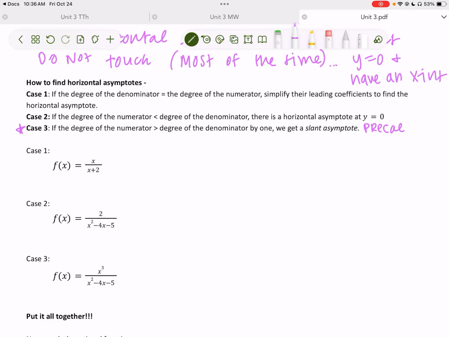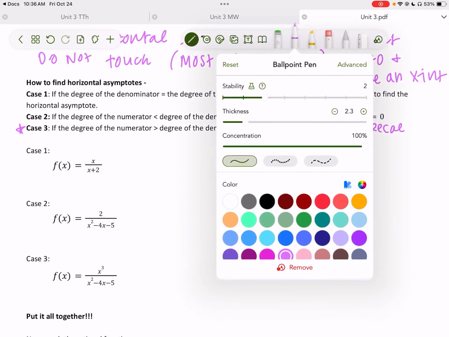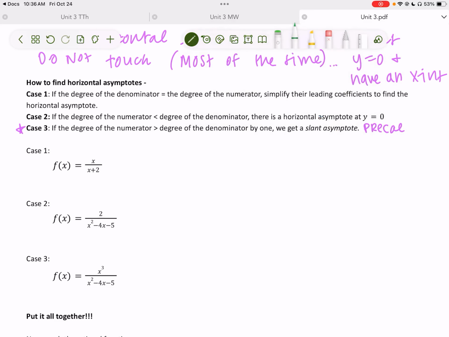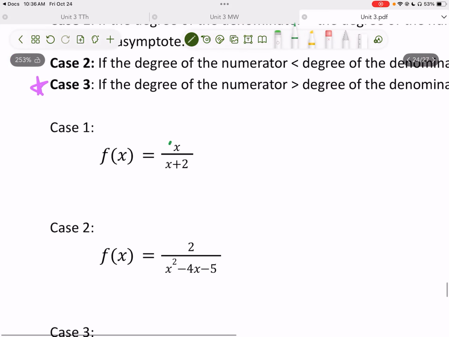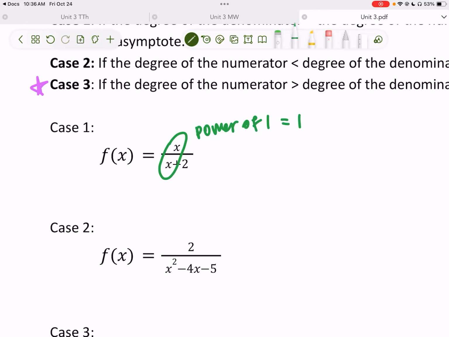Okay. So case one is going to be if the highest degrees of the numerator and the denominator match. So notice these are both a power of 1, which means they match. So what you can do is you can take those and simplify their coefficients.